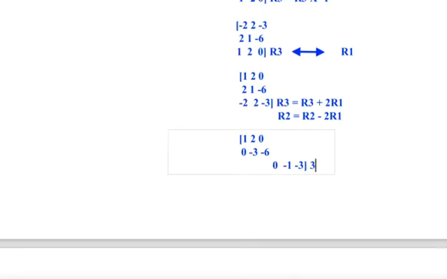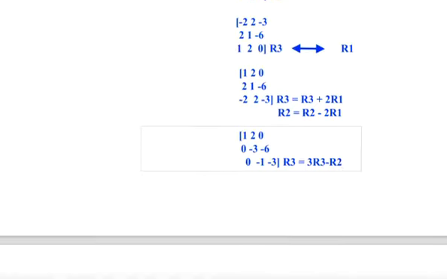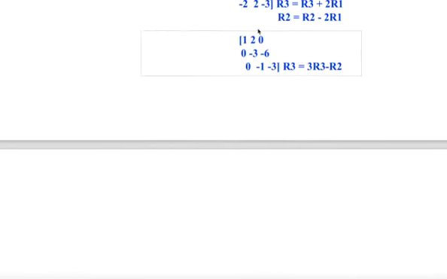R3 equal to 3 times R3 minus R2. This is sufficient, I guess. So copy this one, I can paste it here.